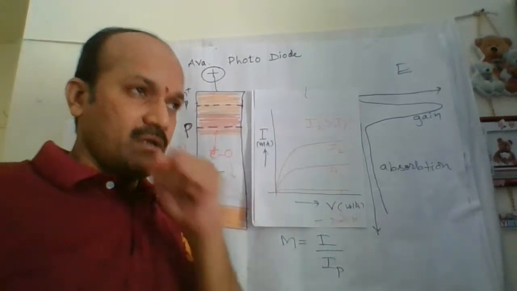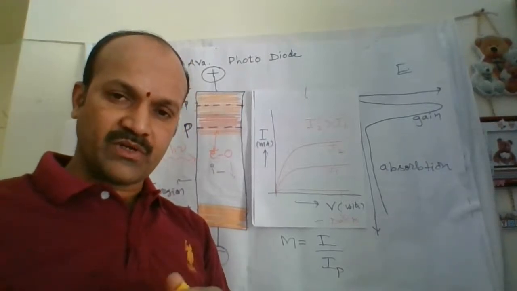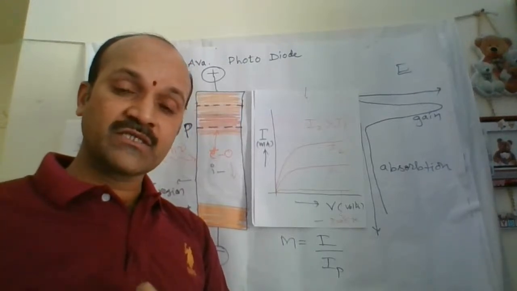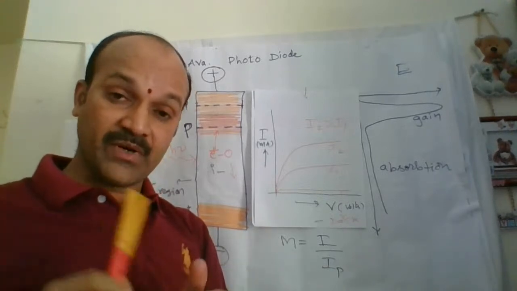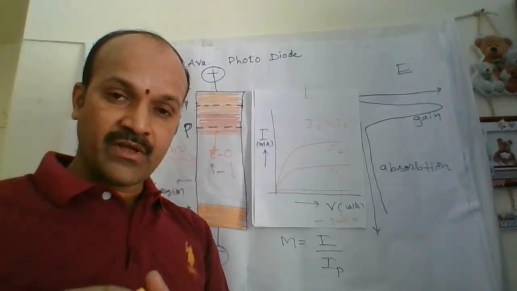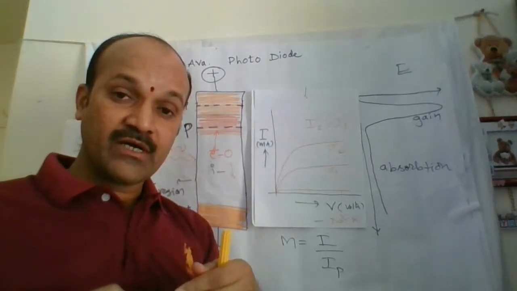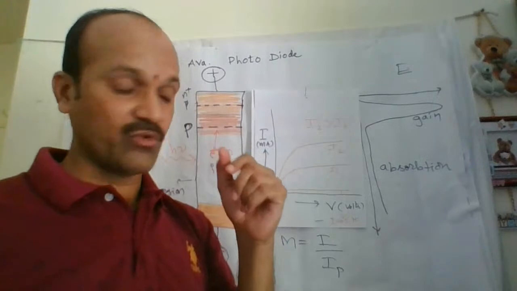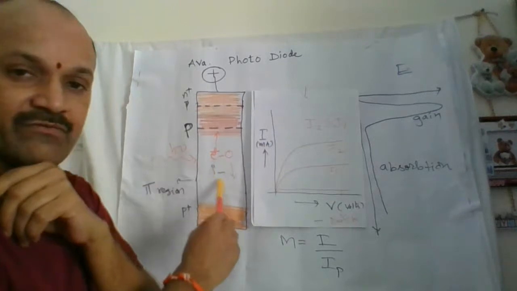Now in the avalanche photodiode, these minority charge carriers will also be present, but we made arrangements such that these charge carriers will not cross the depletion region. If you remember yesterday's class, see this here. This is wider, of course.